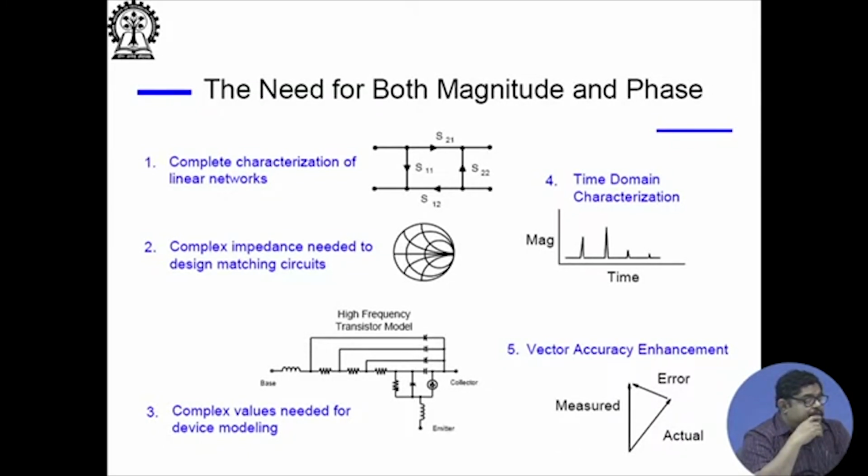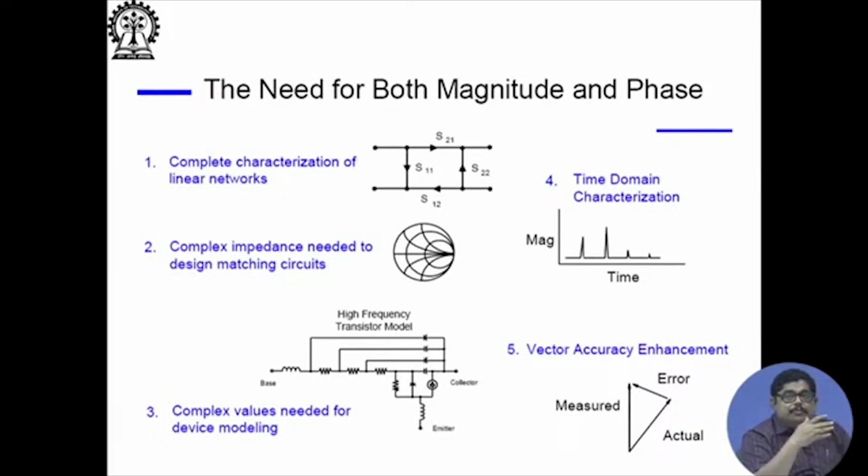Impedance is a complex quantity in AC circuits, so you need to measure the impedance amplitude as well as phase, otherwise you won't get the idea of the reactive impedance. Then device modeling, we know that you have R, L, C, etc. So, that requires complex values.